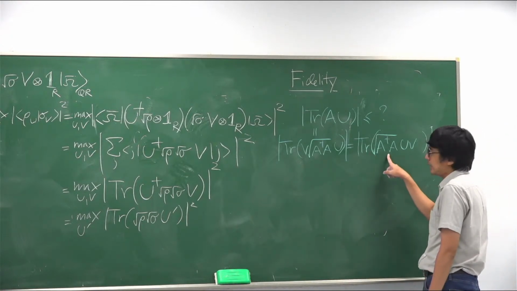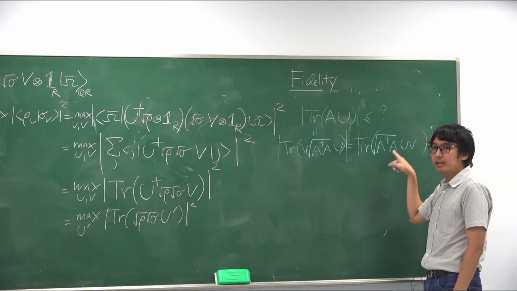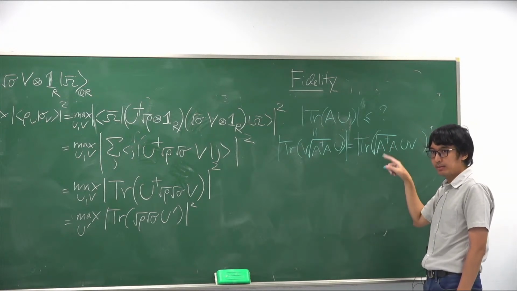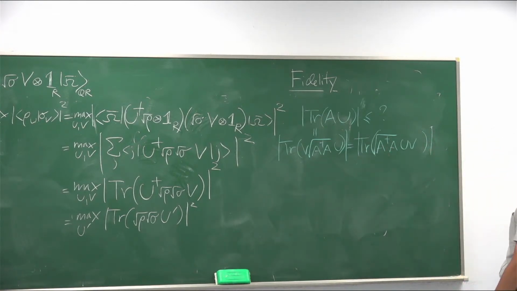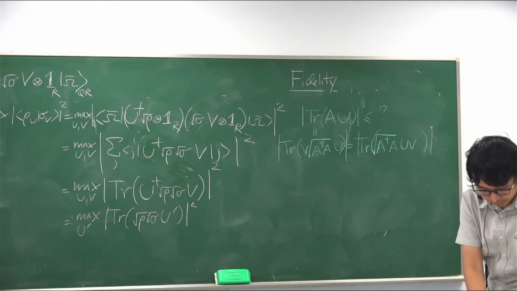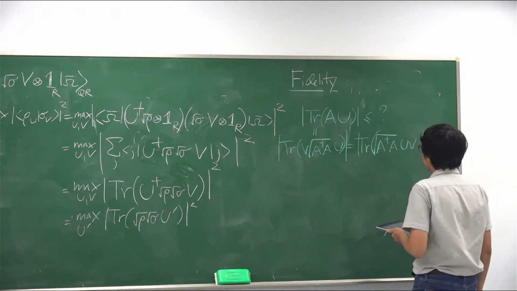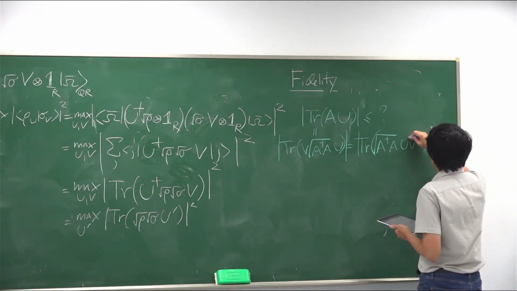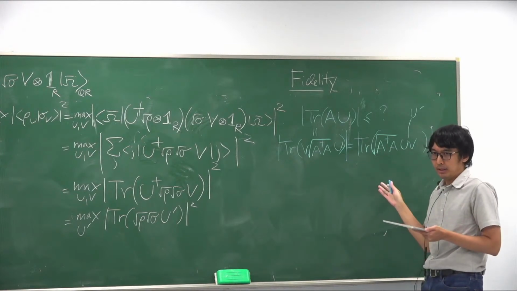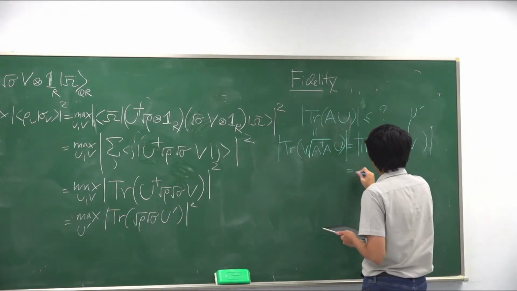Well, so now what is nicer here is that since this is a positive operator, I can diagonalize it. So if I do the eigen decomposition, and then here, let's say I combine it to U prime again, just for simplicity.